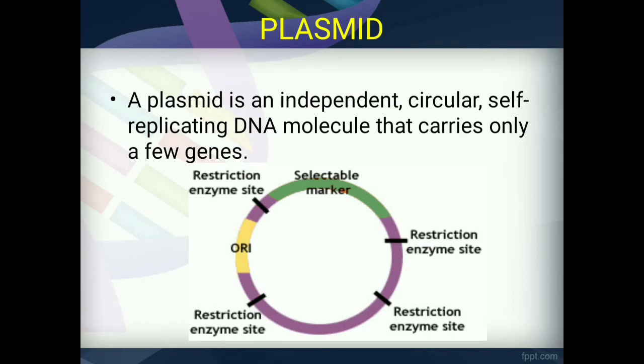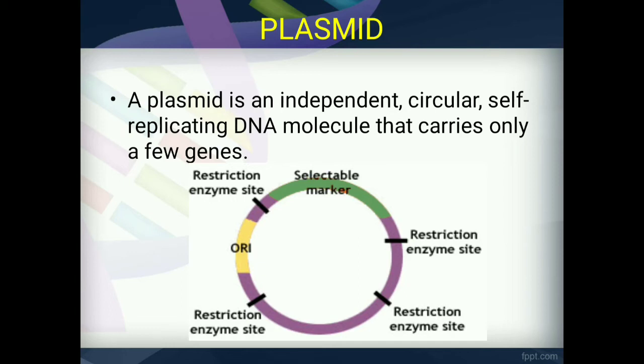So here you can see a plasmid. A plasmid is an independent, circular, self-replicating DNA molecule that carries only a few genes. There are different sites on a plasmid. This circular one here is the vector, a plasmid which can be used as a vector.